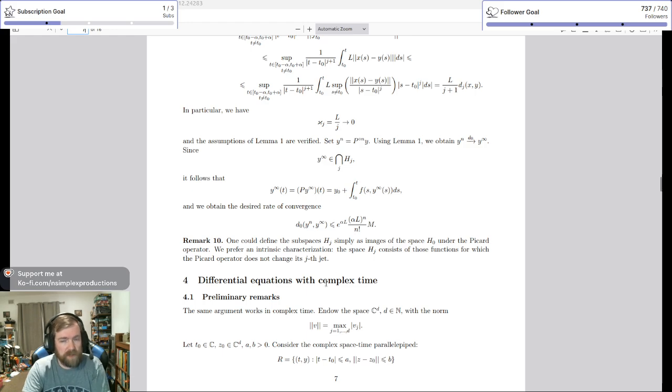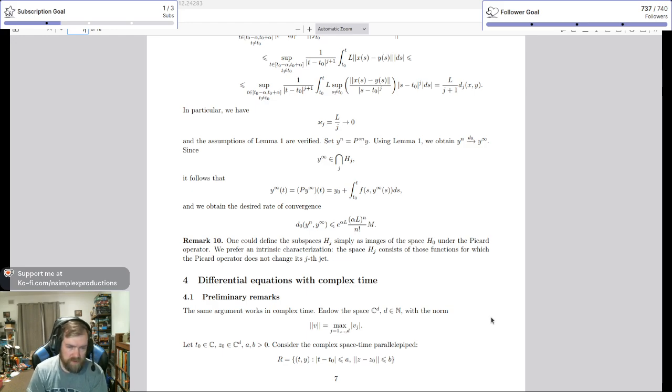The same argument works in complex time. Endow the space C to the D, where D is a whole number, with the norm given as the max of phi sub j.